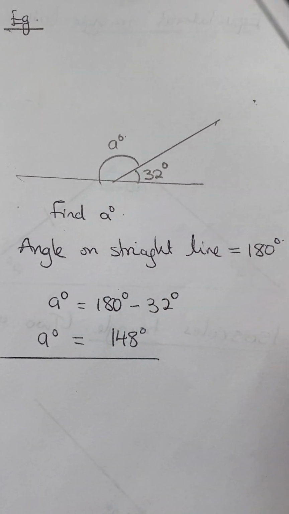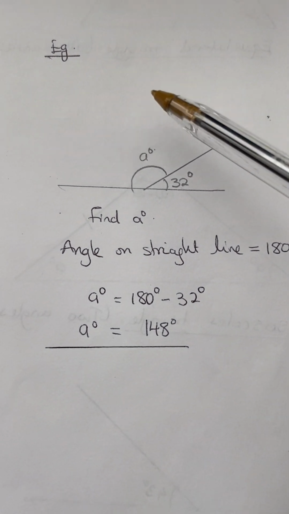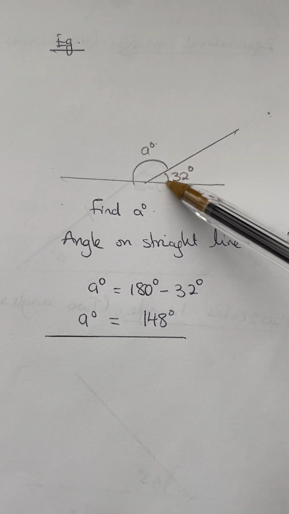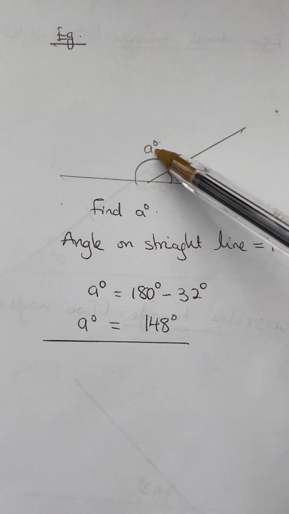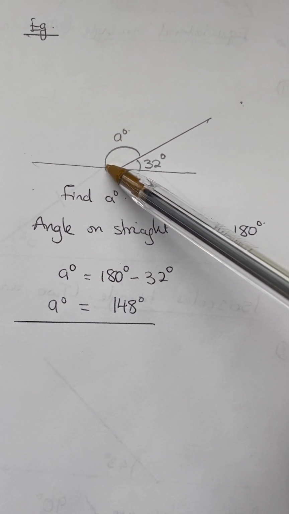Another example on a straight line. We know that the angle on a straight line from this point all the way around is 180.